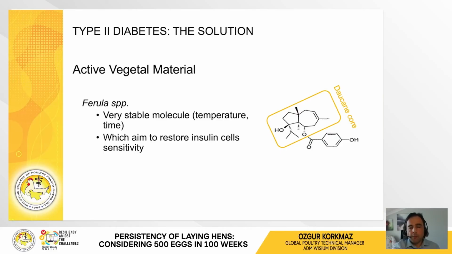So we worked for more than 6 years to make a solution to type 2 diabetes. We created an active vegetal material coming from Ferula spp., a very stable molecule, and it aims to restore insulin cell sensitivity. This molecule acts very well on insulin sensitivity.